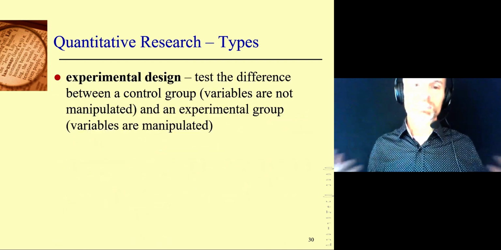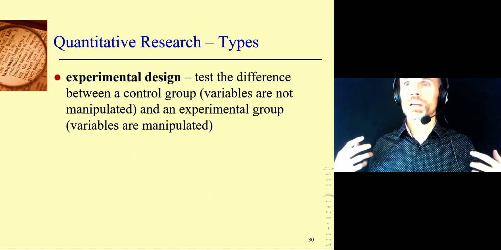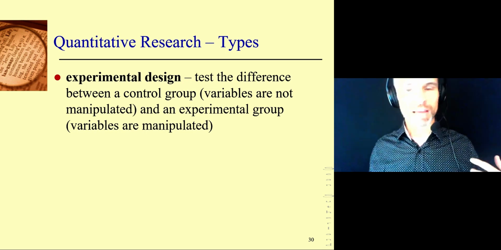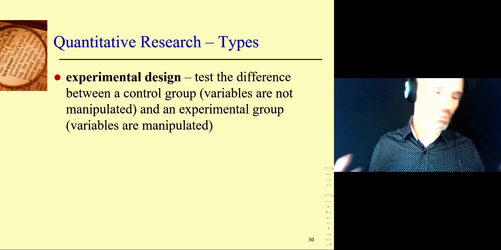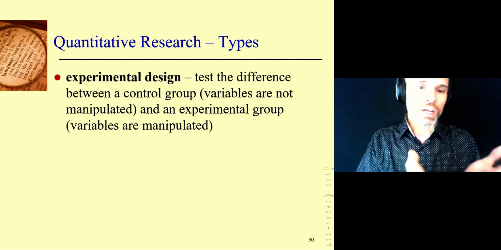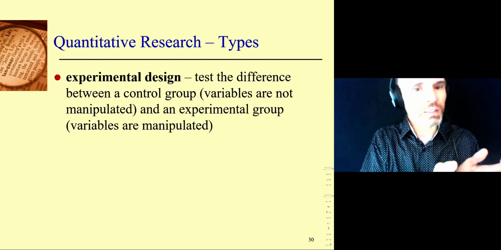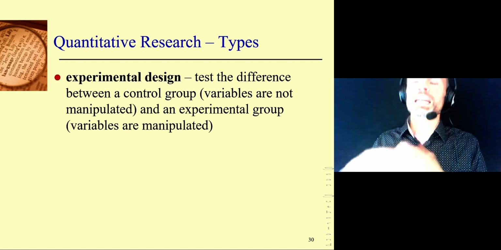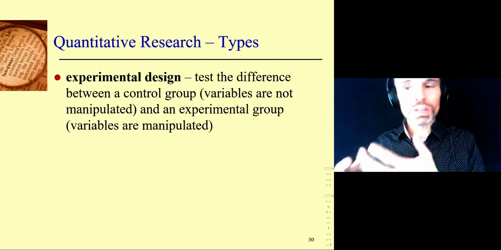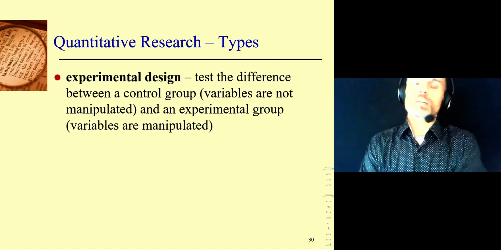Longitudinal design, experimental design, where you do something like Matthias Mell did, where you design an experiment. You have a control group. These people will do as normal, and you have an experimental group. Let's try something new with these people, right?